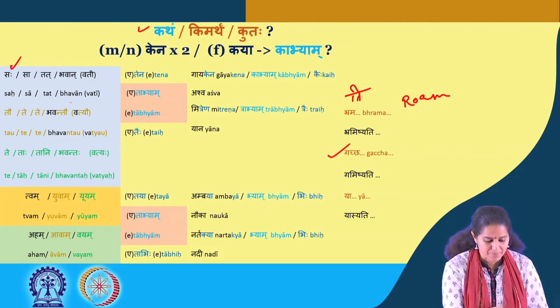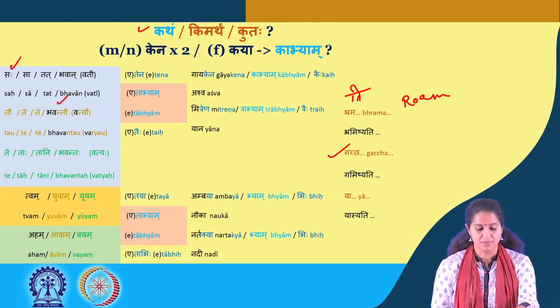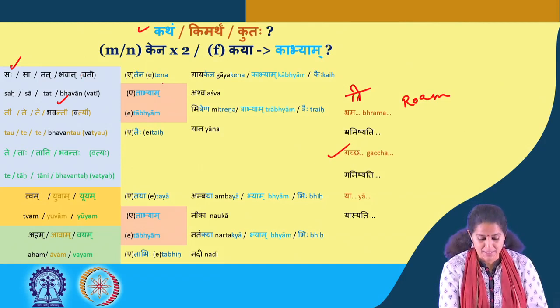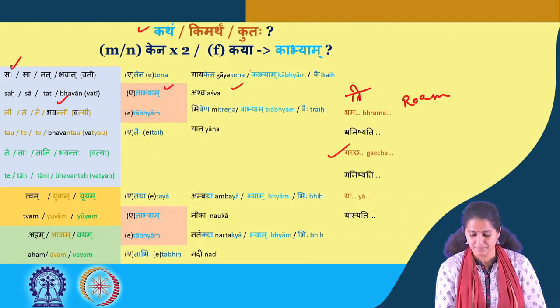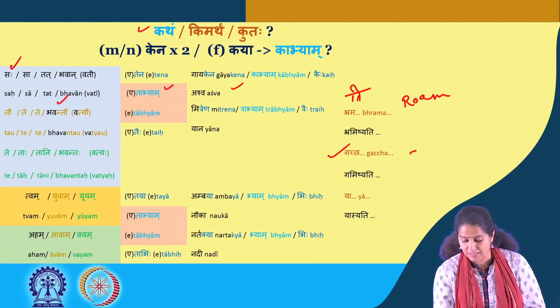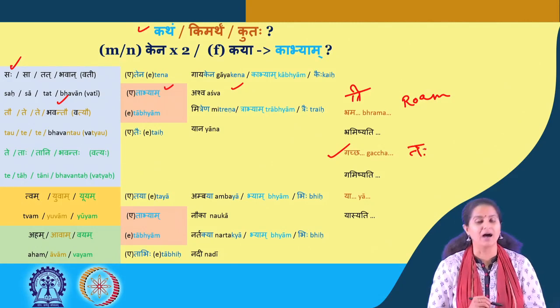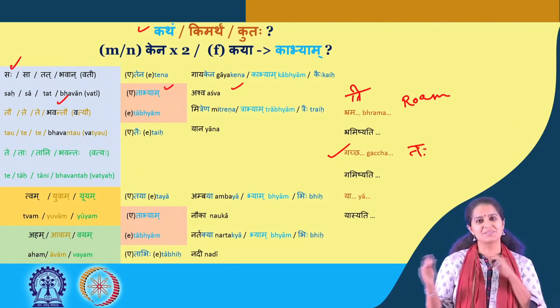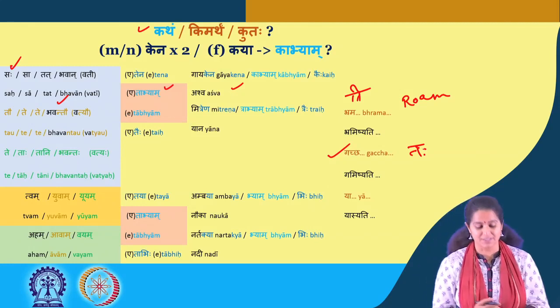So it will become bhavantau. Those 2 will be tabhyam ashwabhyam. Because it's bhavantau, it will become gachataha. Astu. Because bhavantau is like the tau or the 3rd person.